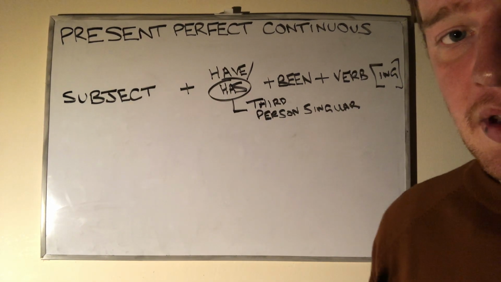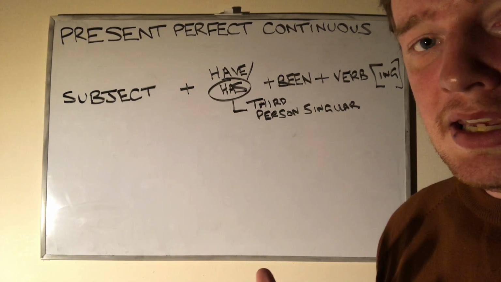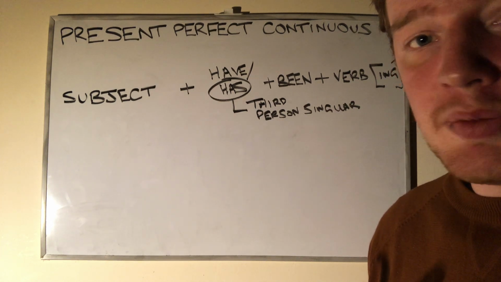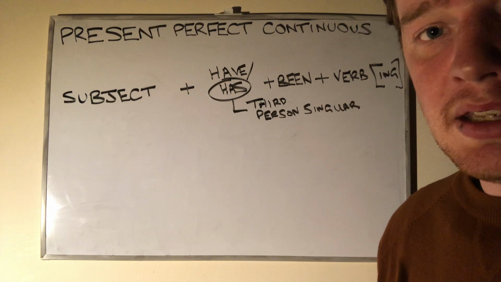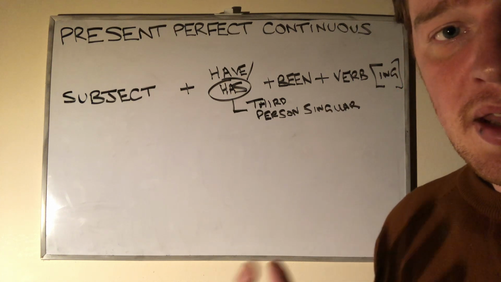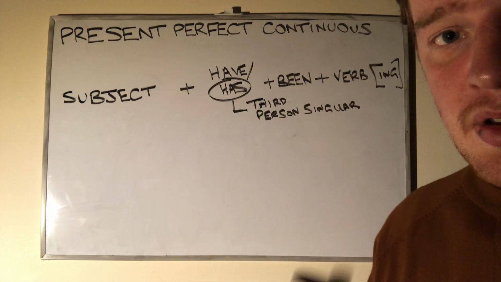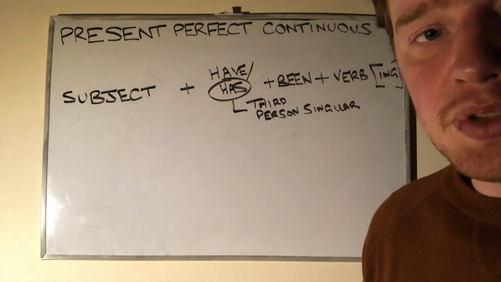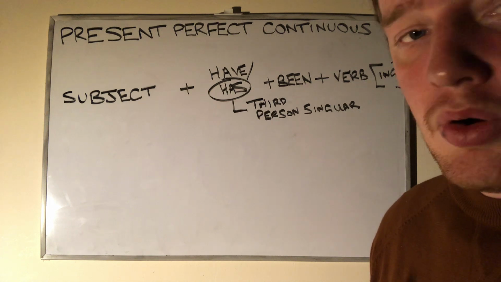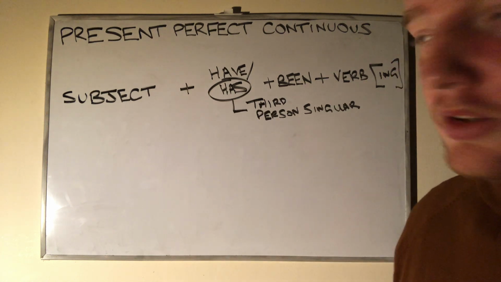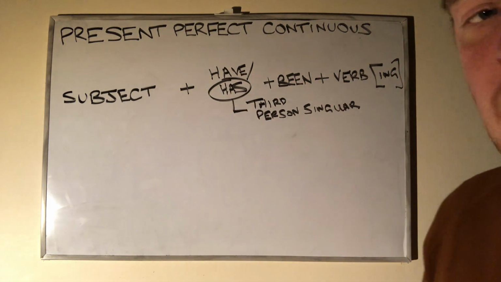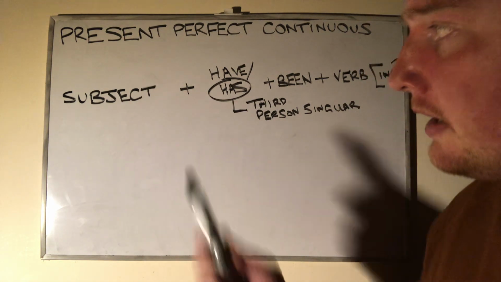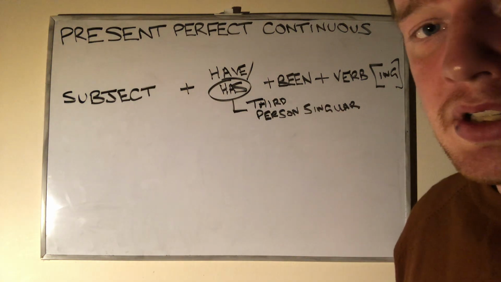Well, it could be a third person pronoun like he, she, or it, or perhaps somebody's name like James or Amy, names in the third person, or the singular form of an object like pen or phone or wall, etc. These would all come under the bracket of the third person singular. In any other situation, we would use have.